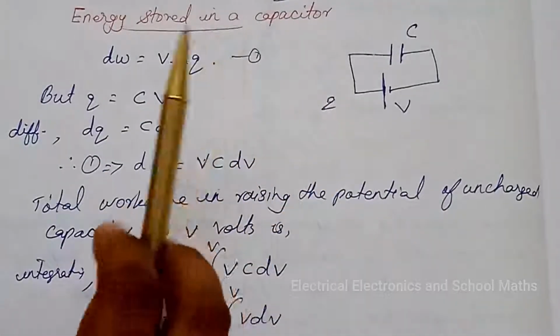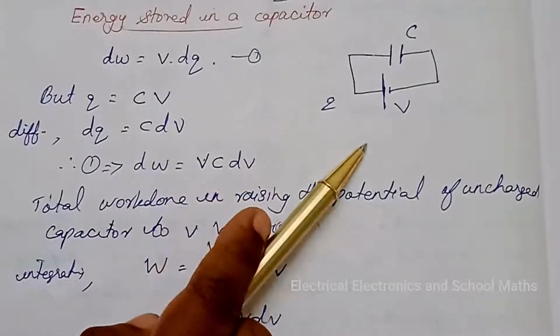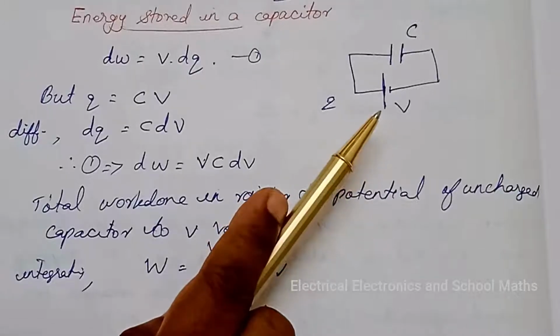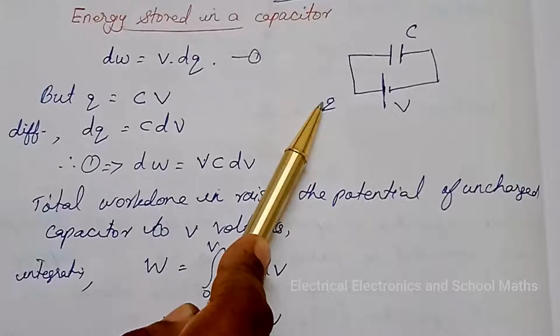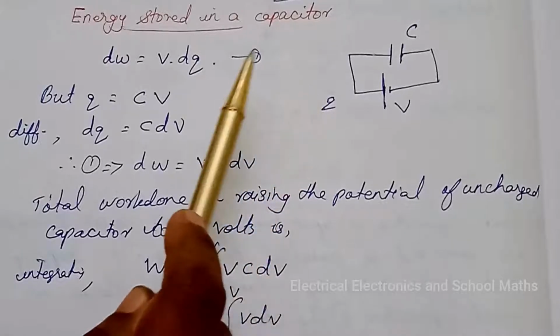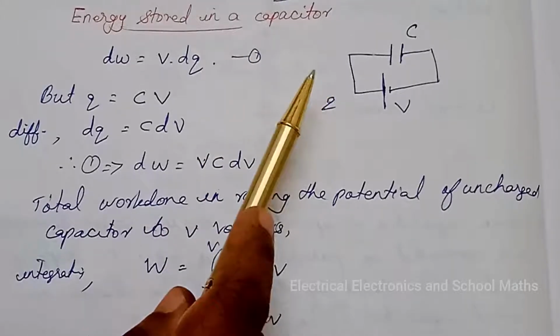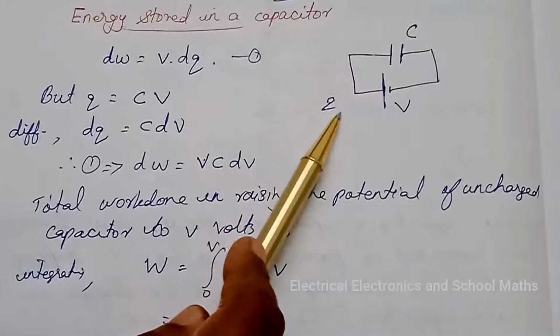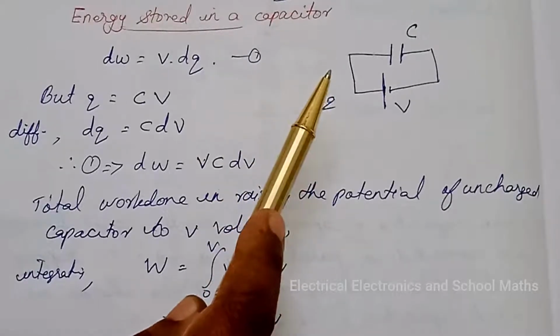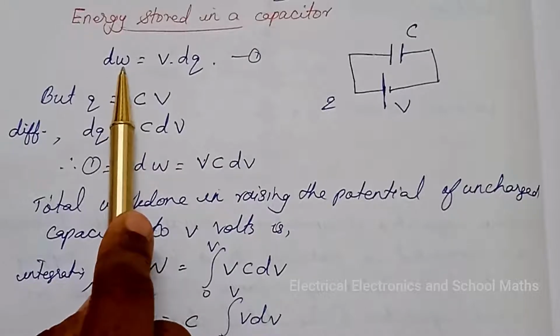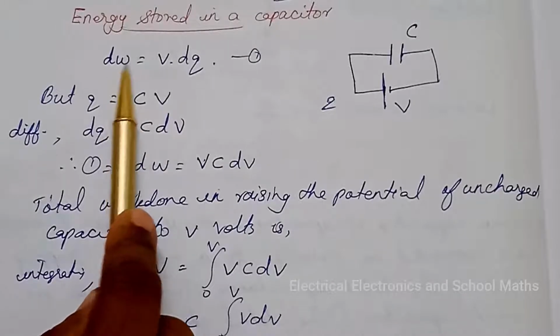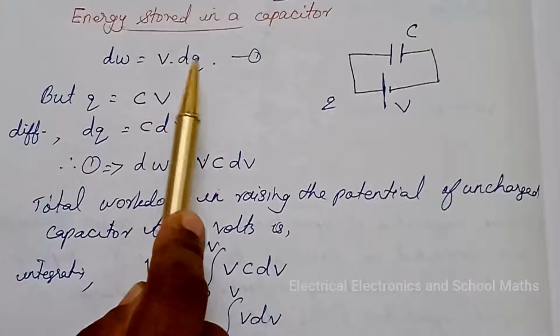By definition, V is equal to the work done in shifting 1 coulomb of charge from one plate to another. If a small charge dq is transferred, we can write the work done dw is equal to V into dq.